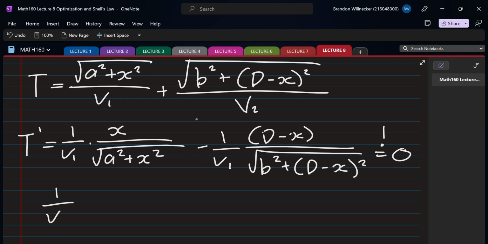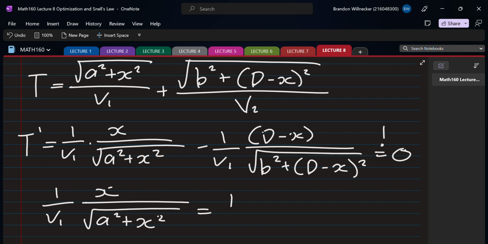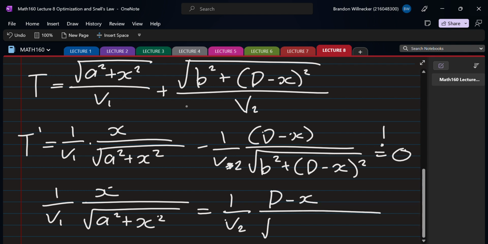So we have 1 over v1, x over the square root of a squared plus x squared. This is equal to 1 over v2, that should be a v2, not a v1, d minus x over the square root of b squared plus d minus x squared.